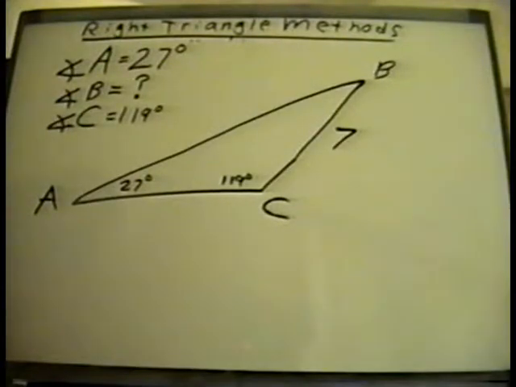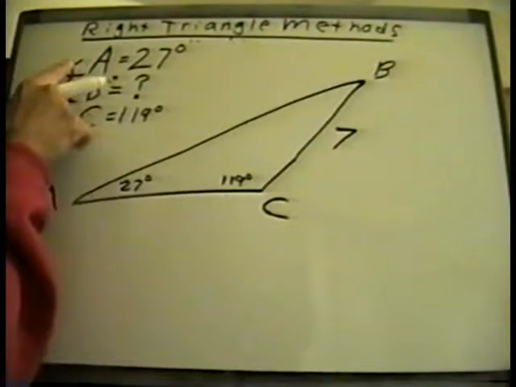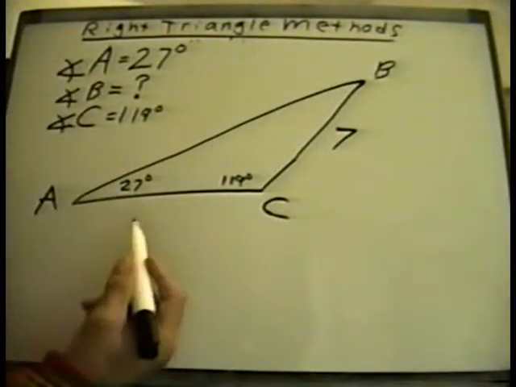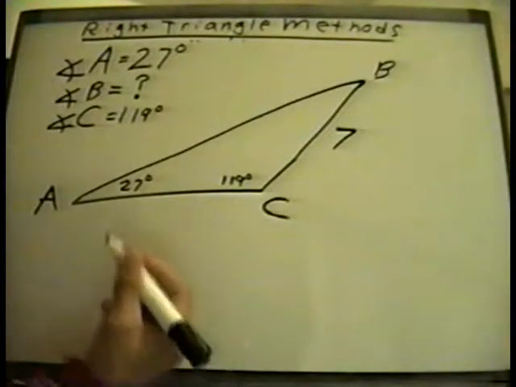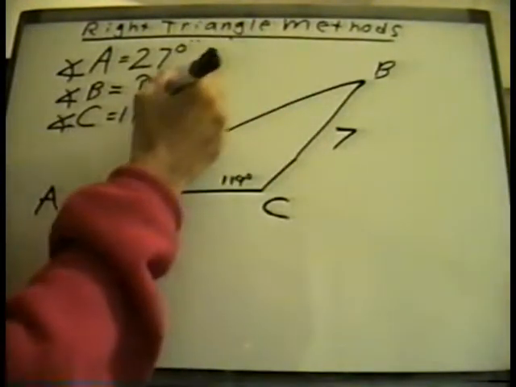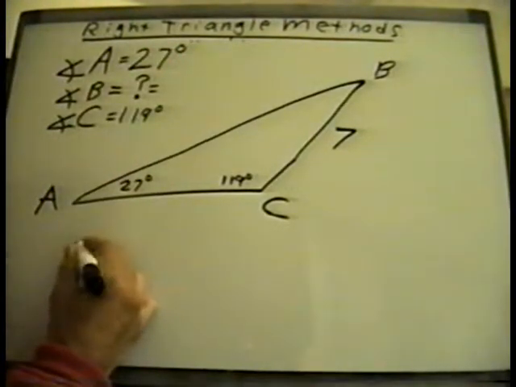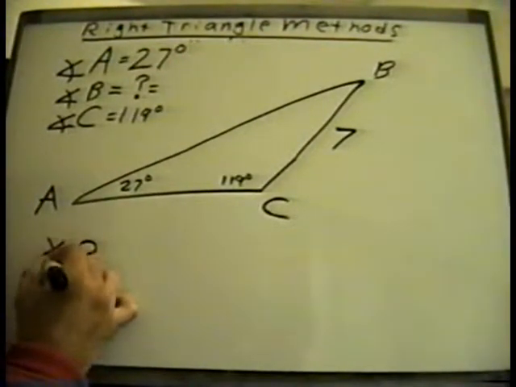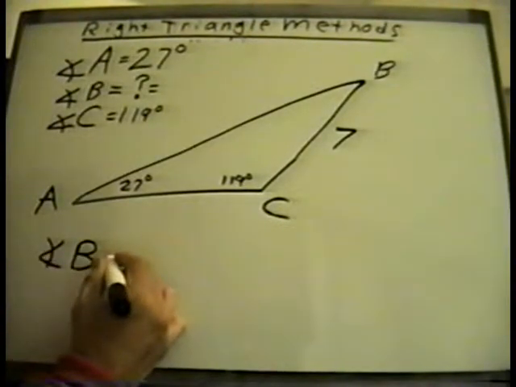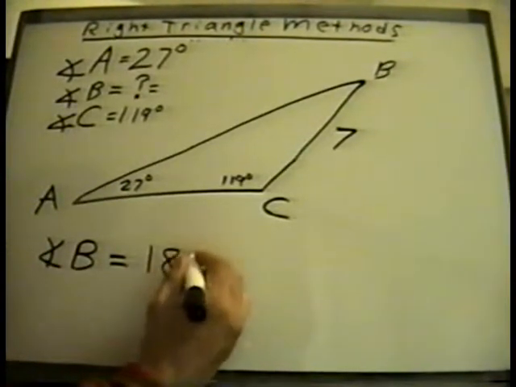Now before doing anything, you want to acquire as much data as you can about the figure. Okay, this is our data table here. So you can find out the angle B by using the angle sum method.